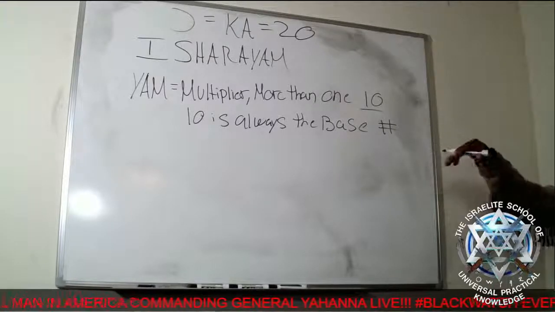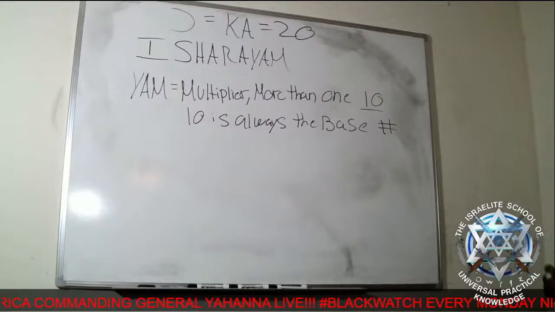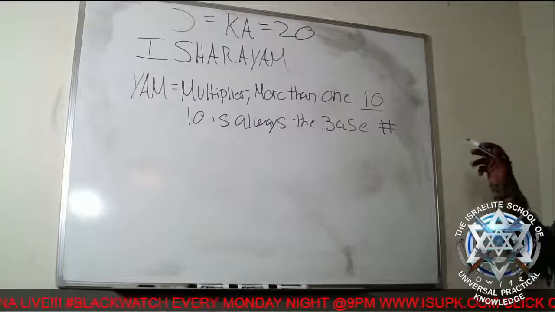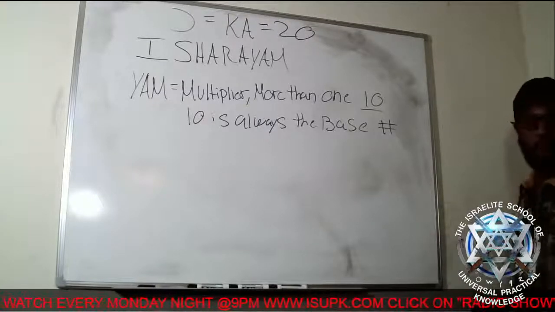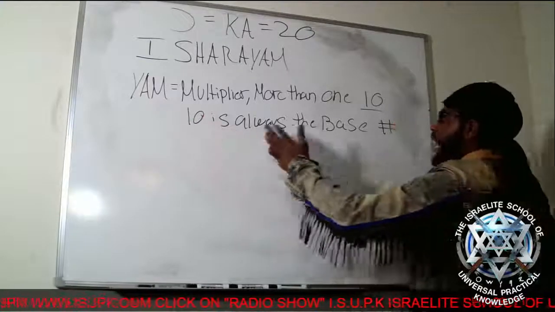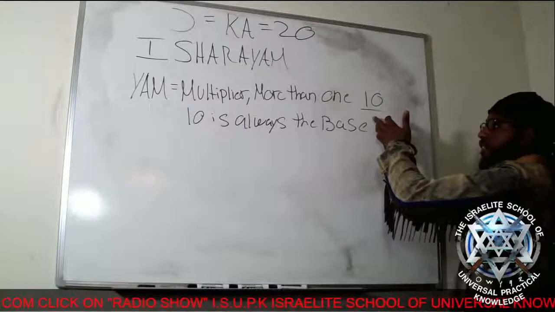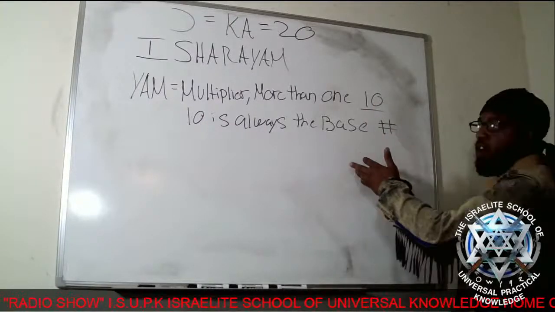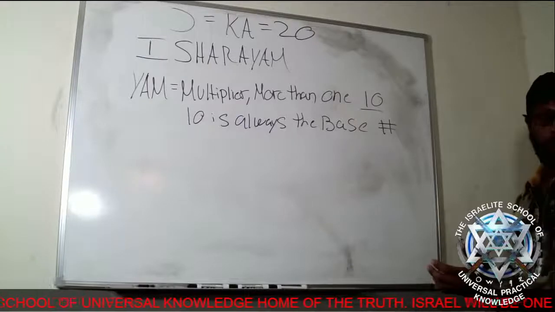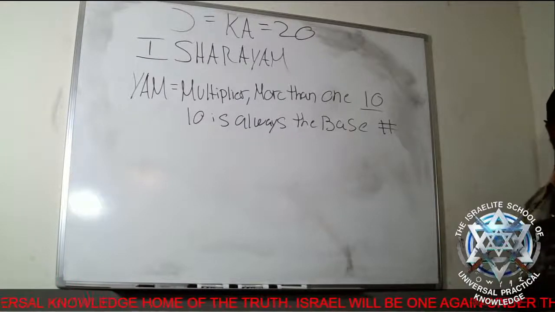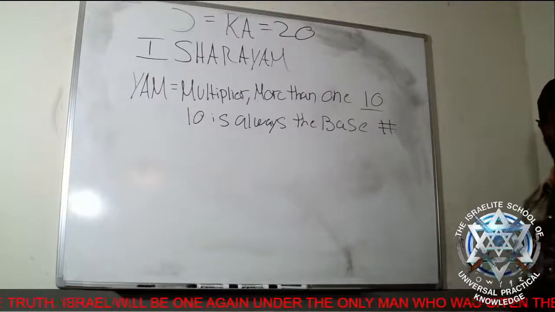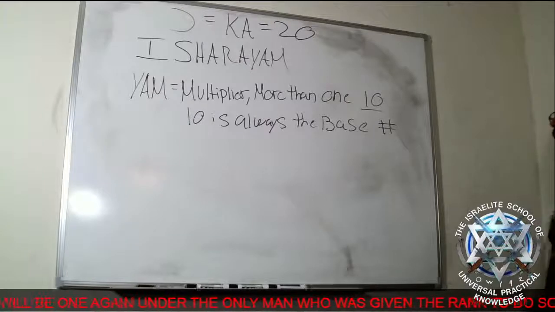Now, why do I say that? Because the number 10 in Hebrew is Asherah. So this yim is letting you know that there's more than 110. So if there's more than 110, how many 10s do we need to get to 20? Anybody online or anybody in class, how many 10s do we need to get to 20?